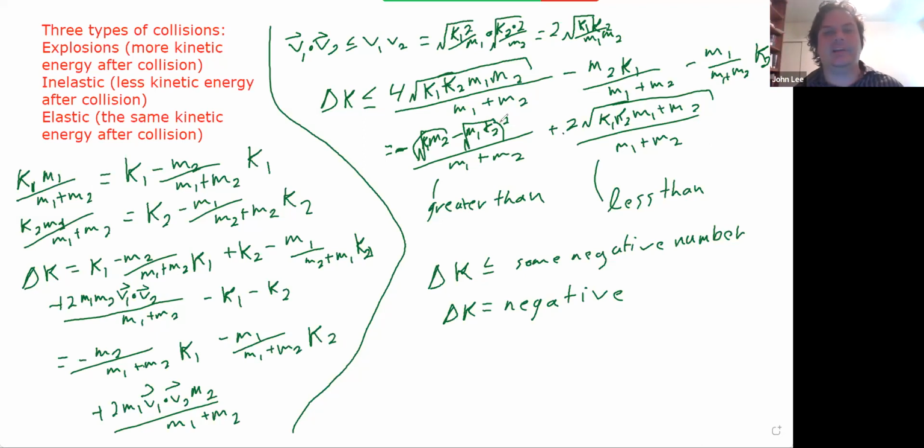So that's going to be equal to K1 M2 plus K1 M2 minus 2 square root of K1 M2, which is going to mean that this value over here is going to be greater than this value over here, because it is just one of the factors in this value that's going to be less than the total squared.